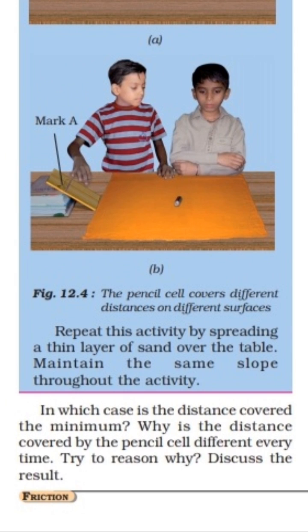In the first activity, the table has a smooth surface. The cloth has a rougher surface than the table. And when we spread sand on the table, the smoothness reduces and the roughness increases. That's why the distance covered by the pencil cell is different every time.